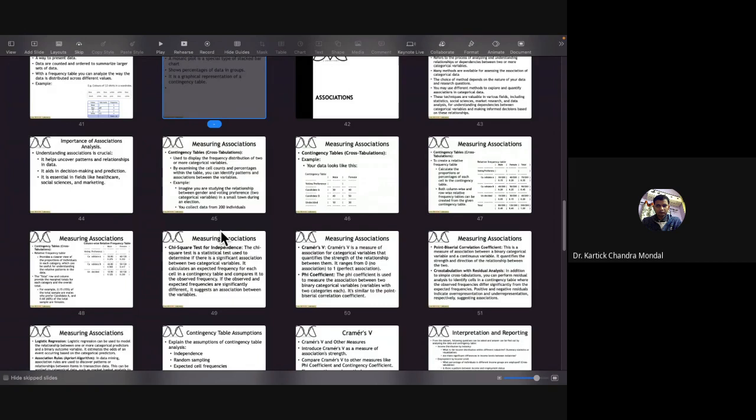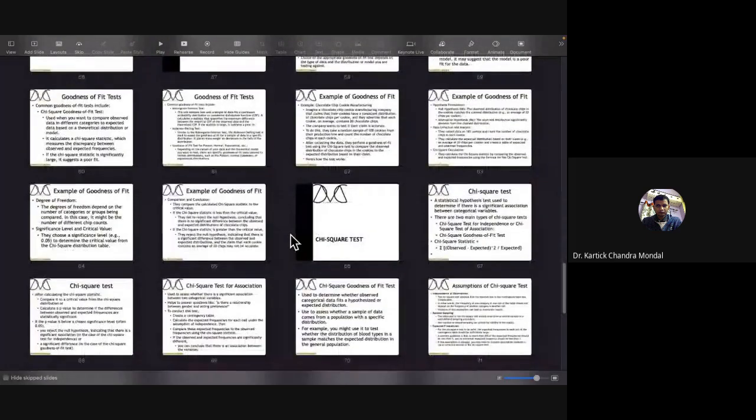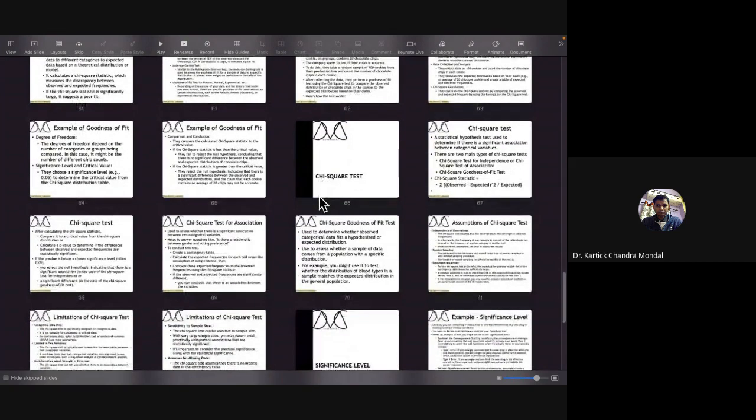Along with this, in today's lecture, I will mainly cover the association, the goodness of fit test, and the chi-square test, and how we can use them for analyzing or understanding categorical data. To understand this, we will frequently use two terms, significance level and the p-value.